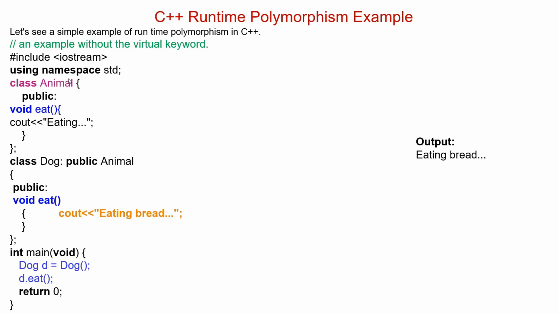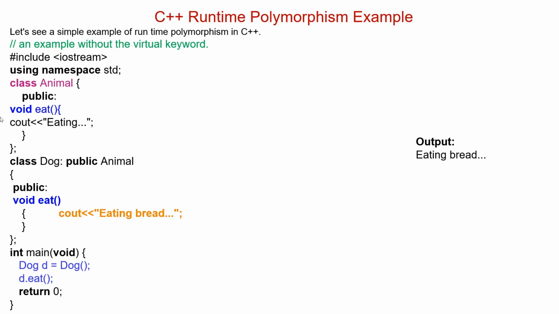Now the class Dog inherits the class Animal publicly, which has the void eat method in the public section which does cout eating bread. Method complete. Class Dog complete.